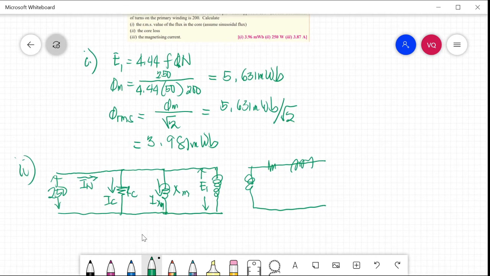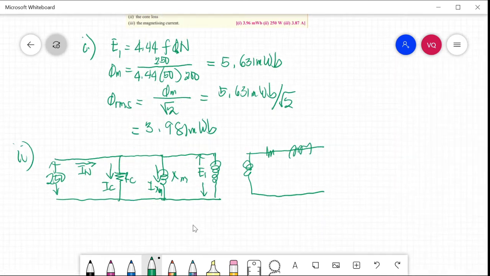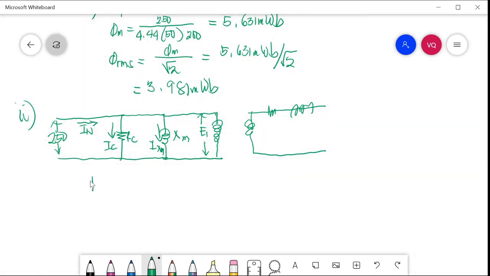Because core loss power, in terms of power, PC is equal to IC squared RC, or the voltage at this point, at this branch. So what is the voltage at this branch?